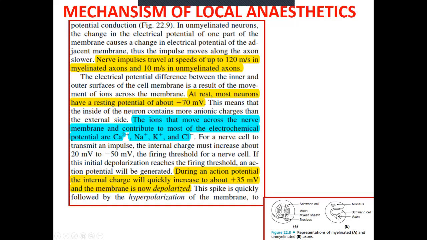What causes the increase of the millivolts inside the cell membrane when compared with outside the cell? It is because of the conduction of calcium, sodium, potassium, and chlorine. But in our local anesthetic case, we mainly concentrate on sodium and potassium.